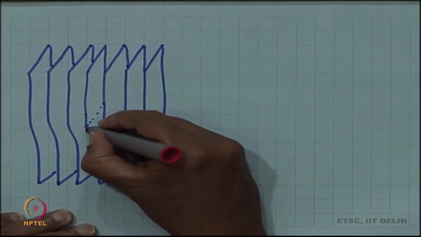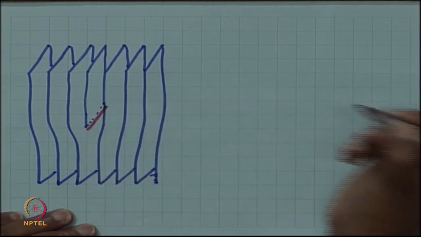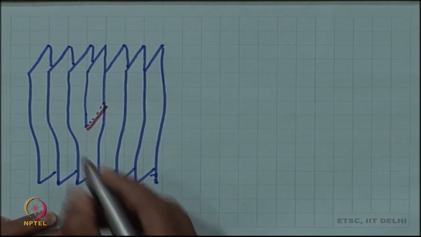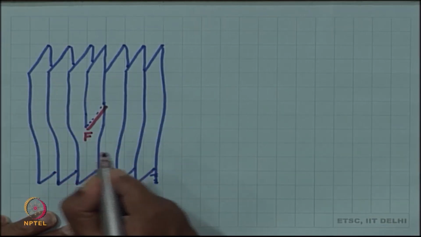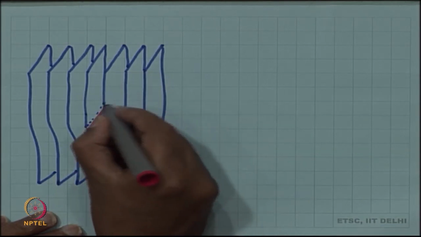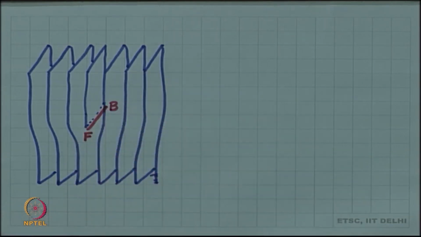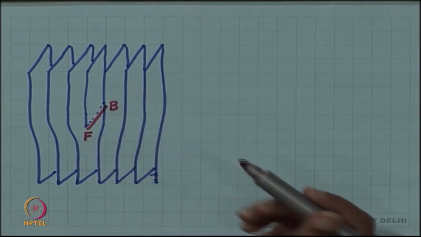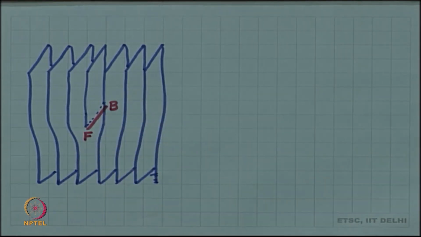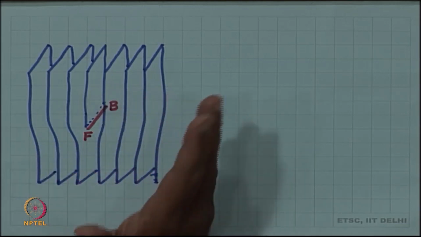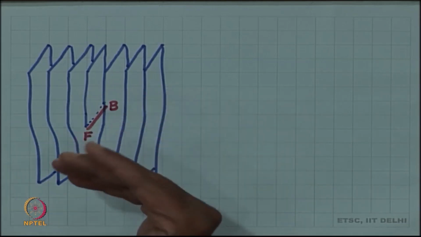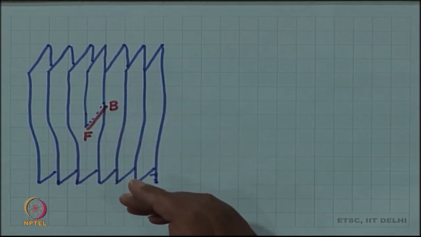So, the dislocation line exists here, and you can see that the way I have drawn, this is the front face of the crystal. So, the dislocation starts from the front face and reaches the back face. So, it is a dislocation line which is running right from front to the back. So, we can see that this dislocation is not ending inside the crystal, it is running from the front face to the back face.